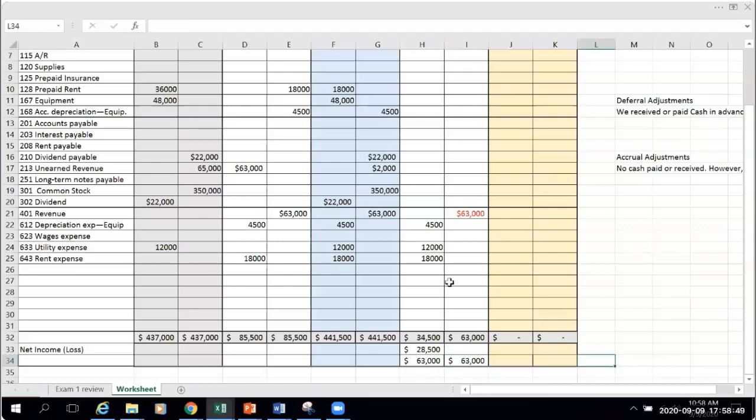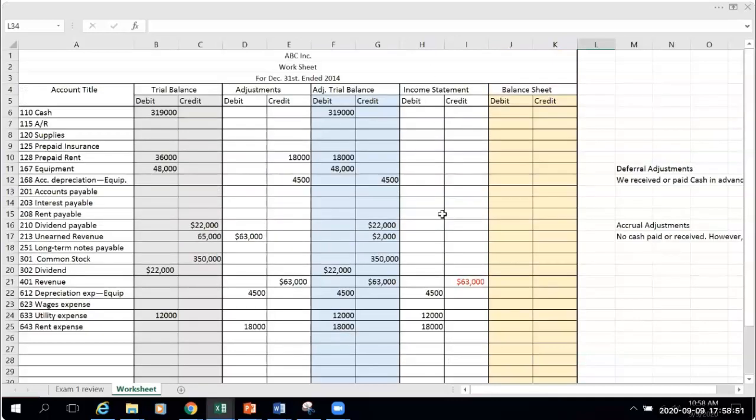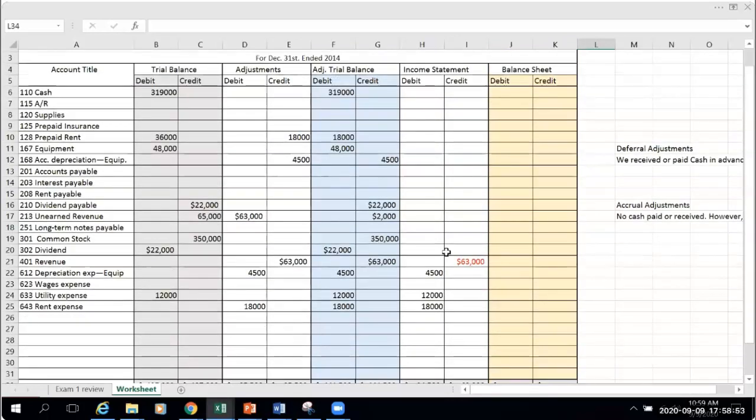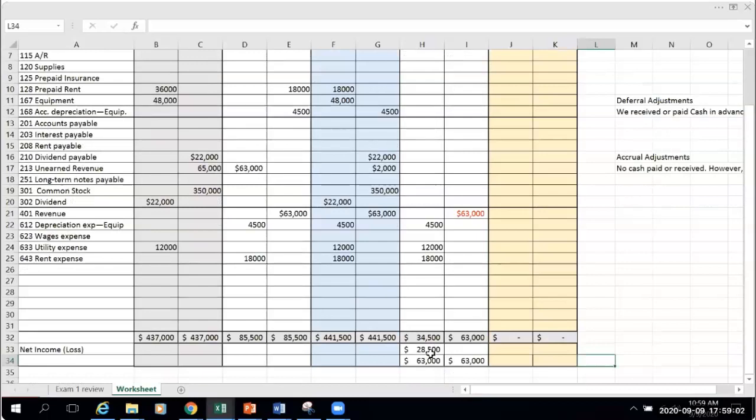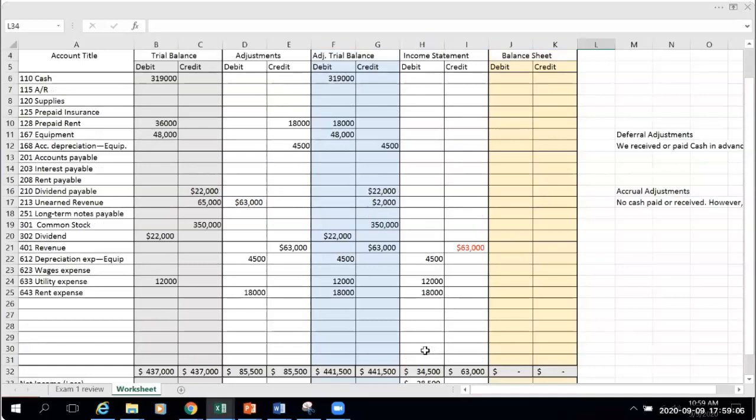So I'm good. So it looks like my income statement will be something like this. $63,000 revenue minus a few expenses, and I will end up with a net income of 28,500 on my worksheet. Remember, this is not the official income statement. This is just a preview.